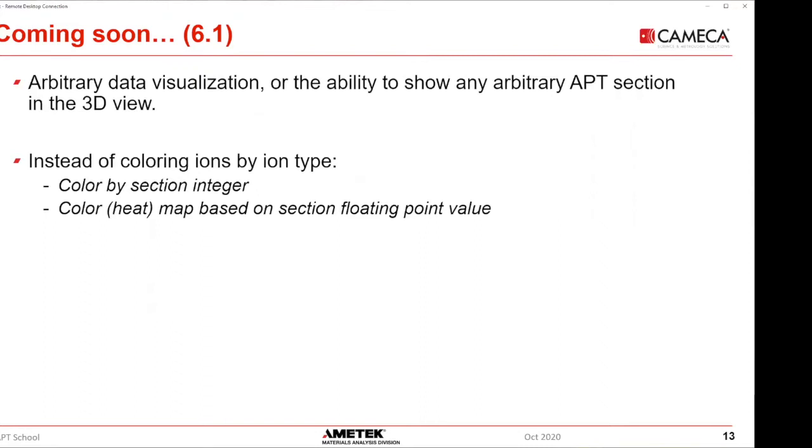The way that IVAS3 did it was sort of a workaround, which is it wrote out a new POS file that replaced the mass charge field with the cluster ID, and then had a special range file that colored appropriately. So APSuite 6.1 will have the ability to natively color based on the cluster ID using that column.